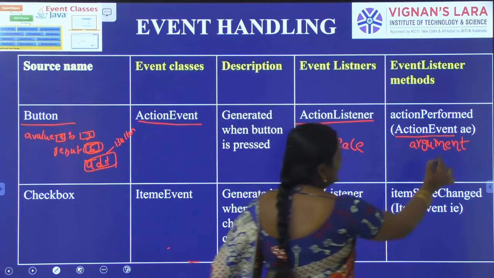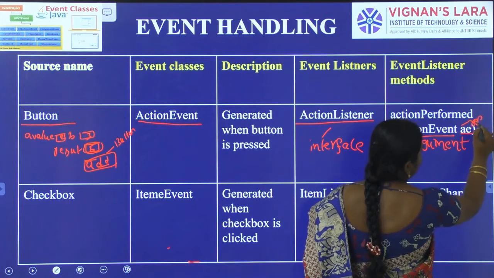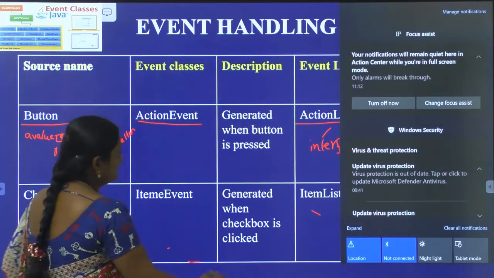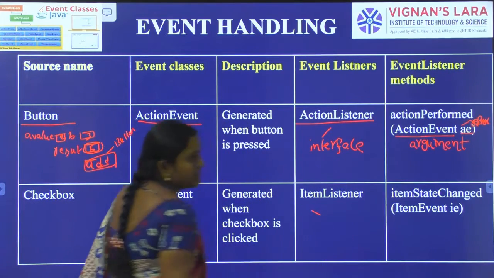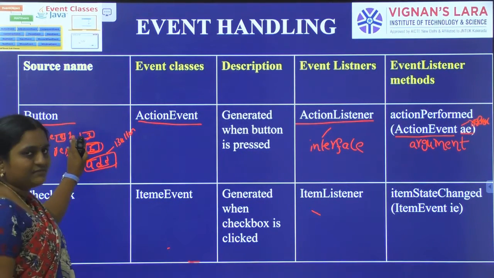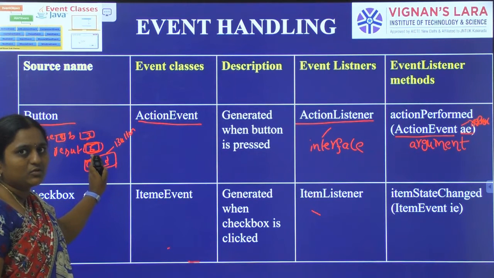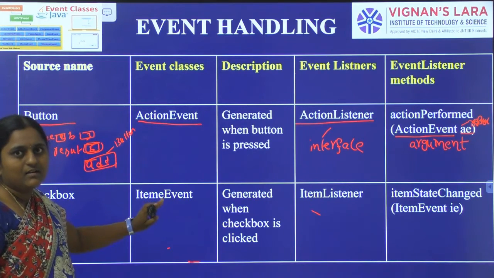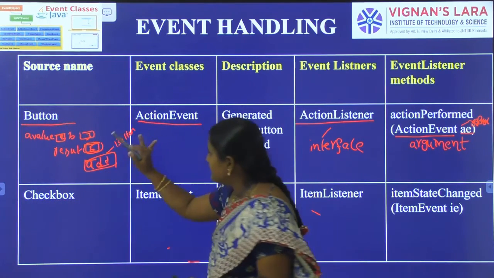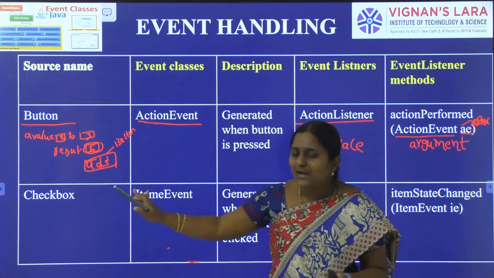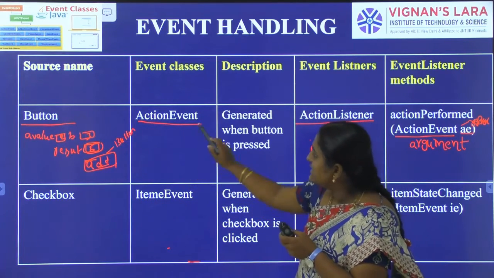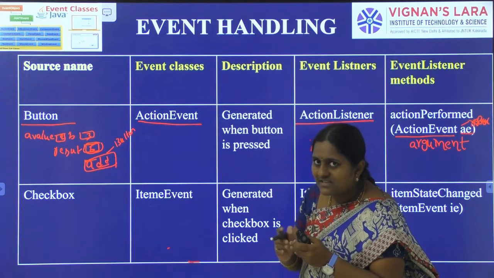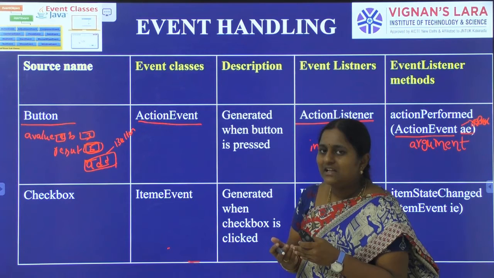So here A is the reference. First, the source is button. In the sources, events are generated. Whenever you click or press on the button, an action event is generated. Whenever an event is generated, it will be sent to the listener interface.